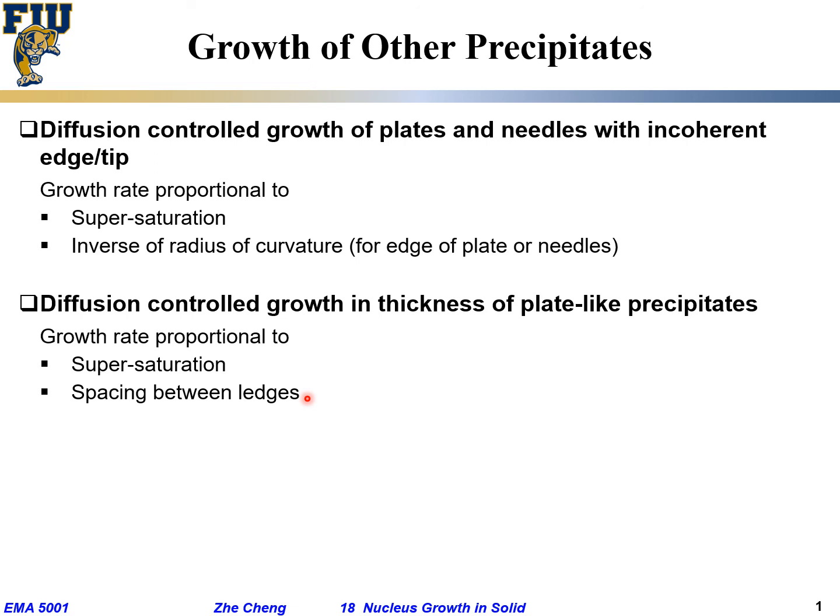That's where you are going to add atoms. So the spacing between the ledges tells you how frequently you are going to add atoms into those locations. Okay, if the spacing is too large, the growth rate would be pretty slow. Okay, and the growth process is more complicated.